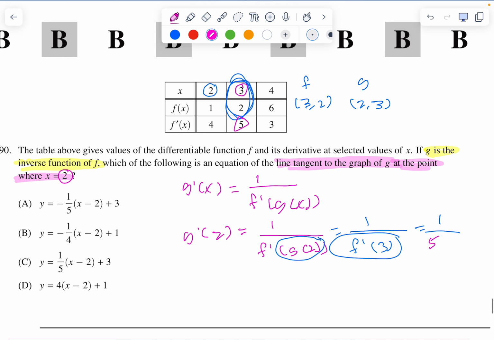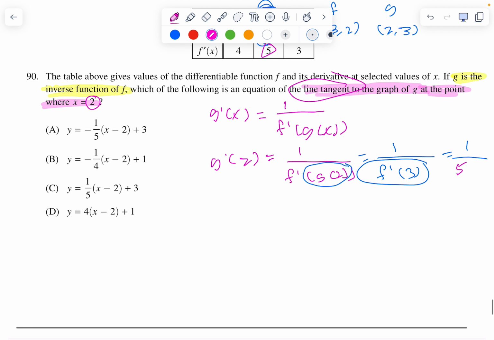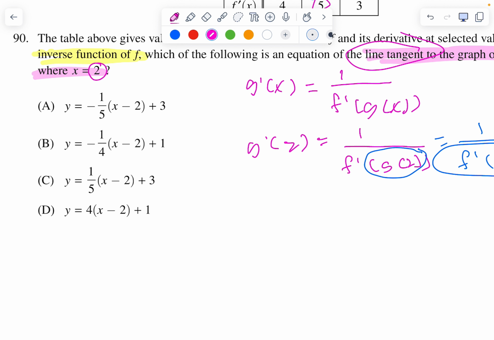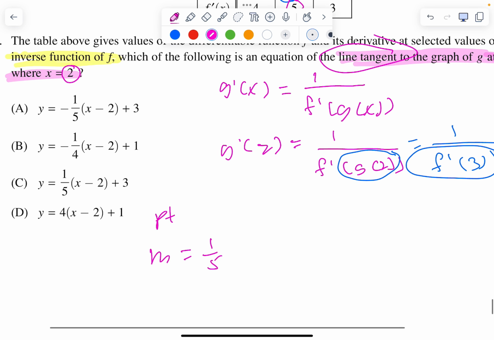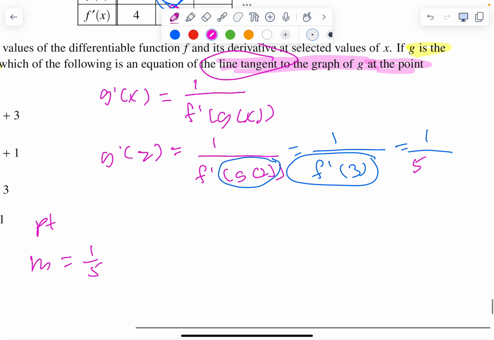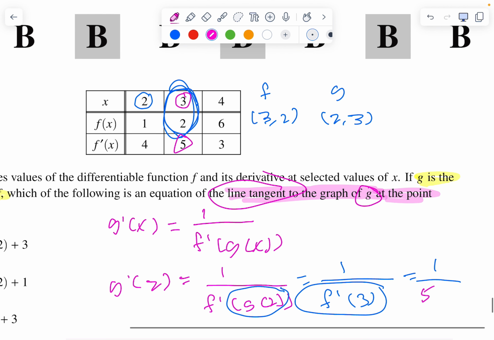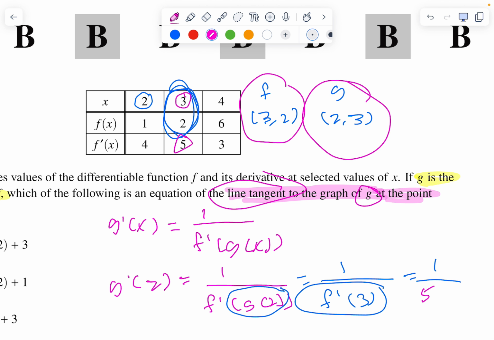So now let's talk about tangent lines. When we're writing an equation of a line, we need a point and we need a what? Point and a slope. We already have a slope, correct? So our slope is 1/5. Going back to the second part of our question, line tangent to the graph of g. So am I going to use this point or this point? Which is my g?